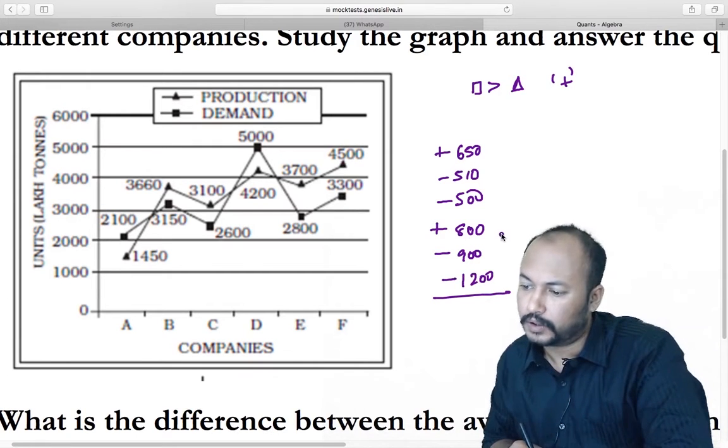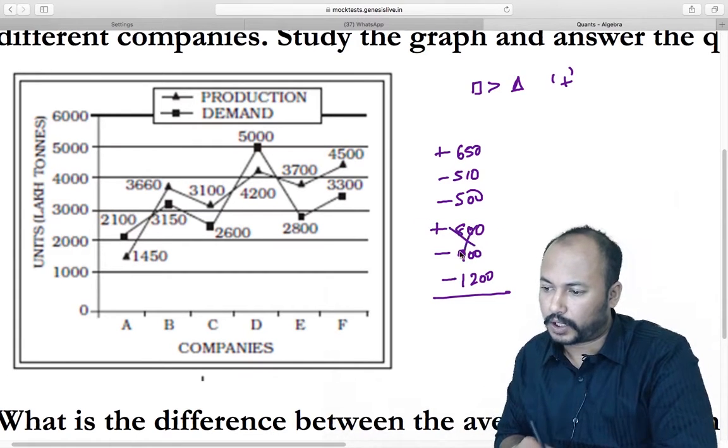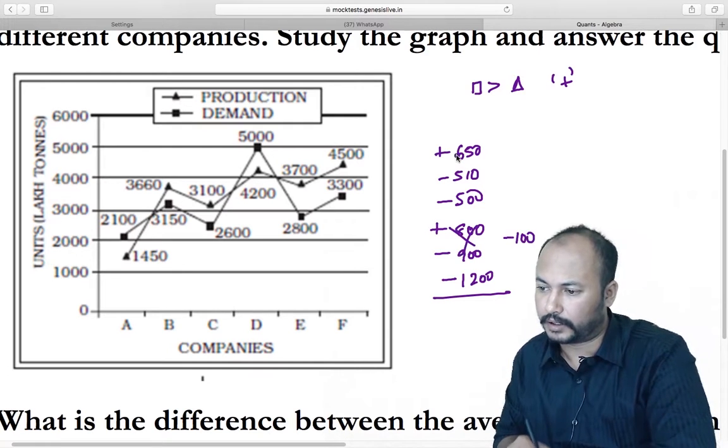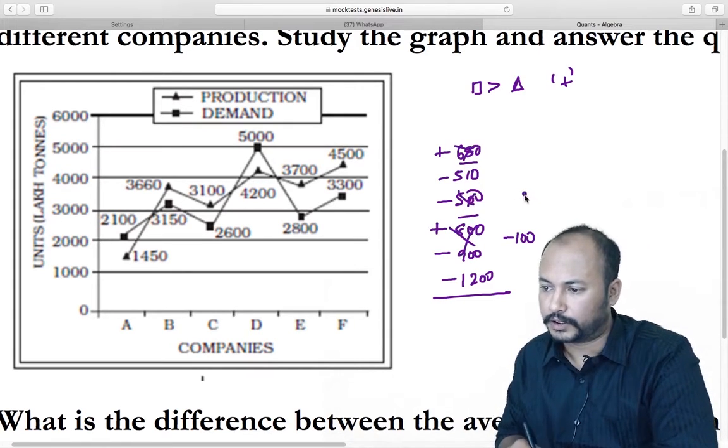Now these two I'll take as minus 100, and this one and this one I'll take as plus 150, and this I'll take as plus 50.